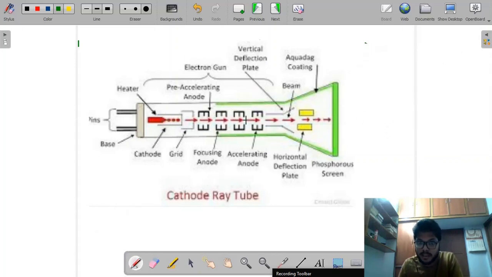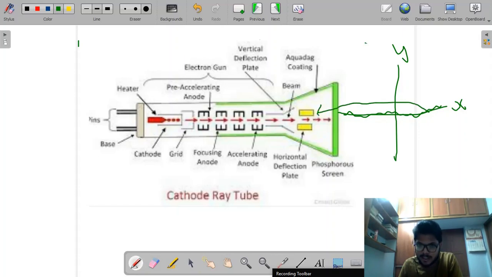In general we have both an x-axis and a y-axis. To display something on the x-axis, the responsibility is taken by the horizontal deflection system. To display our input signal on the y-axis, the responsibility is taken by the vertical deflection plates.